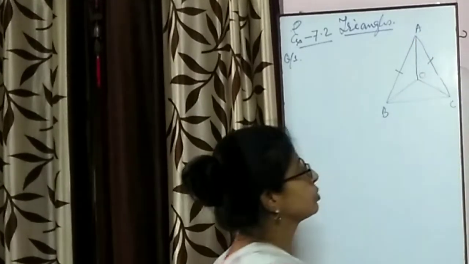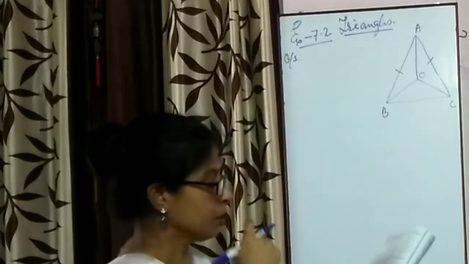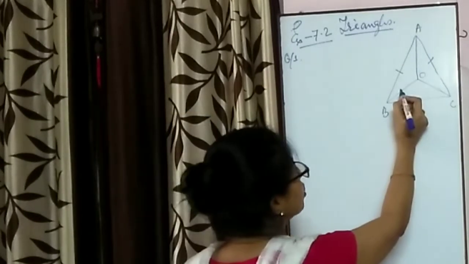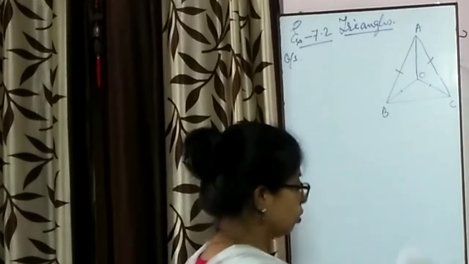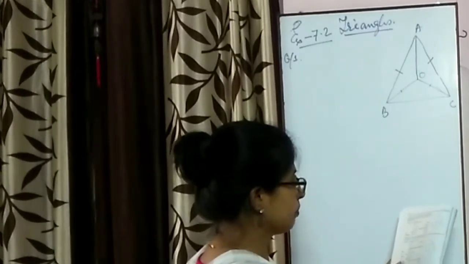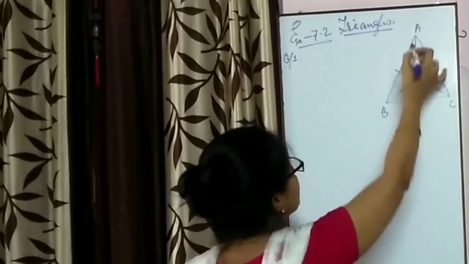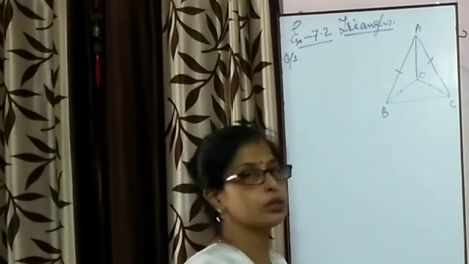Thus there form 3 triangles. You are to prove that OB equals OC and AO bisects A, meaning these 2 angles are equal to each other.